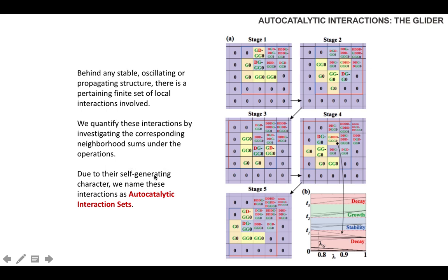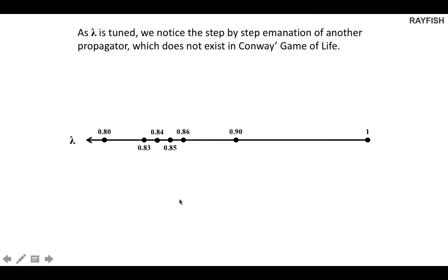So due to the self-generating character of these interactions, you can see that this is the first stage and this is the last stage, and you can compare this and this, you will see that they are equal, meaning that there are these interactions that keep repeating, so keep catalyzing themselves. That's why we call them autocatalytic interaction sets.